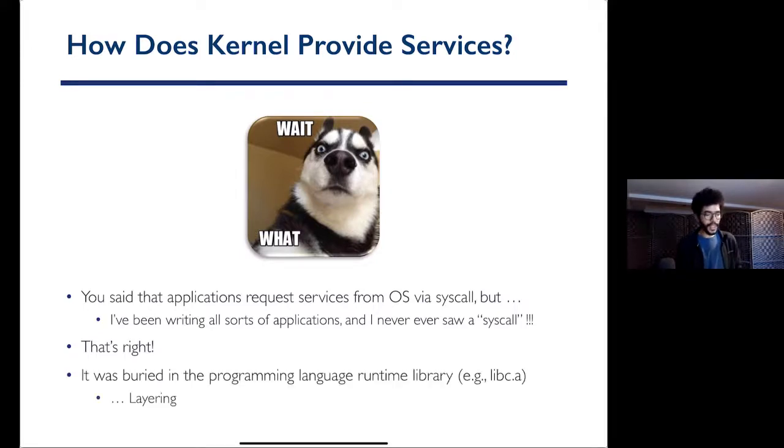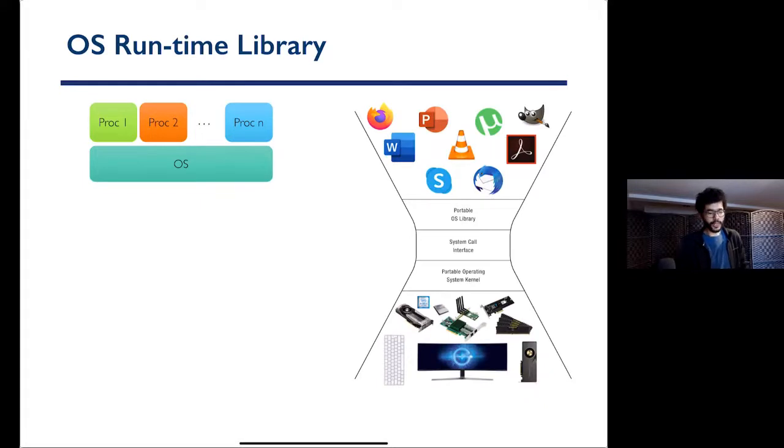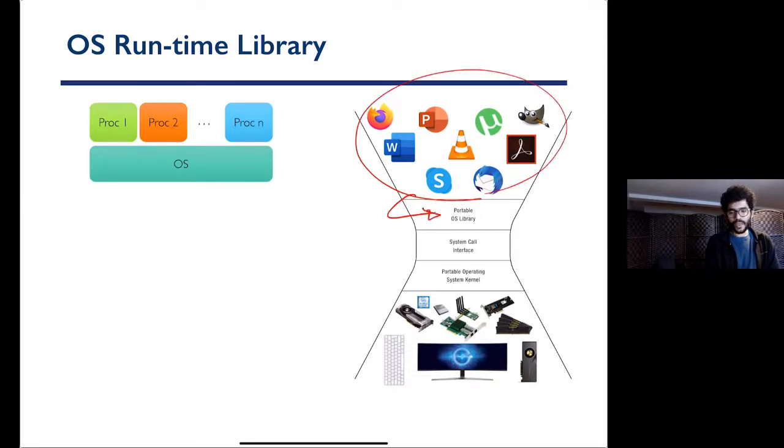The reason is because we have layering in our systems. So this is the full picture, right? Your applications are running here using the OS libraries, and the OS library is the one that calls these system calls. And once we have these system calls, we have these device drivers that would then talk to the devices.